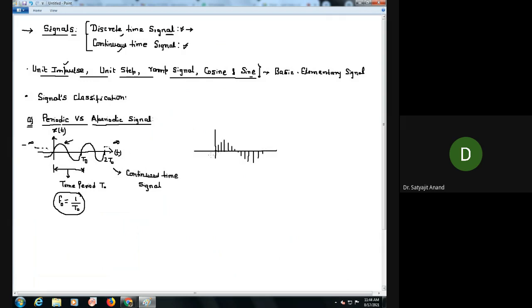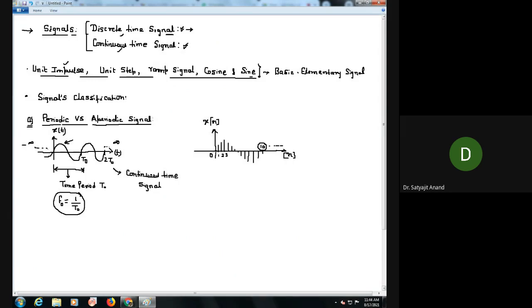So here you consider this is 0, this is 1, 2, 3, 4, 5, and so on. Suppose this is up to 10. So this is what you have, and this way it will go. After this, it will repeat itself. So we consider this 10 as a time period. And here my notation of this discrete time signal will be x as a function of n, and the independent variable will be a small n.